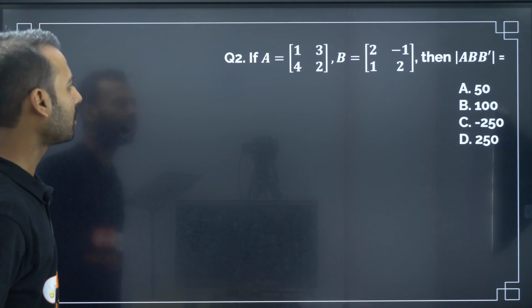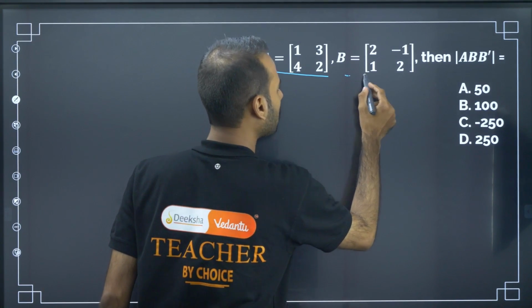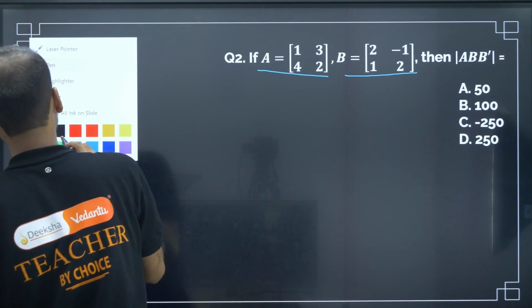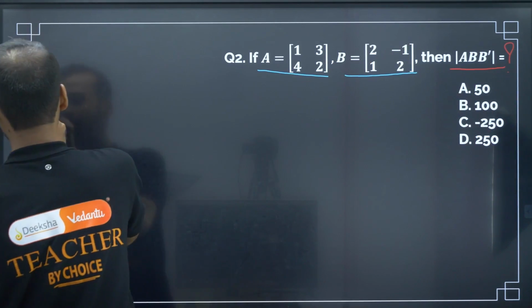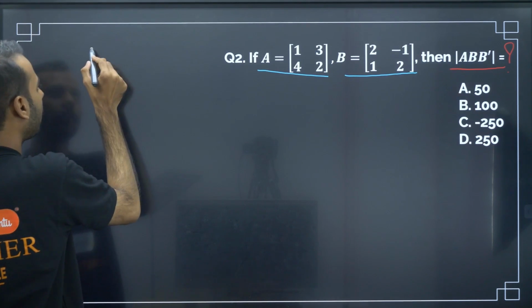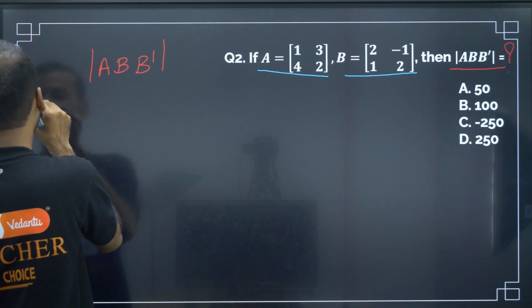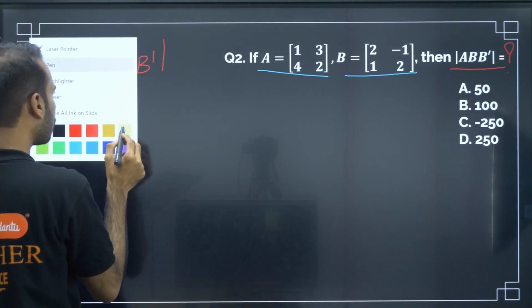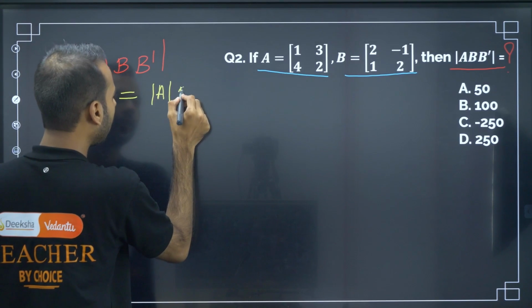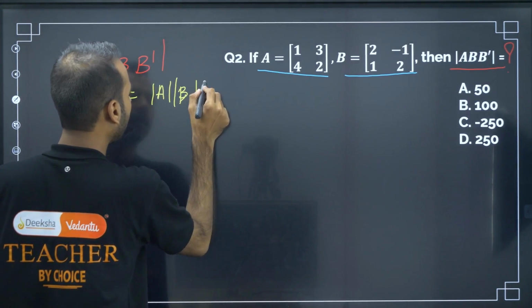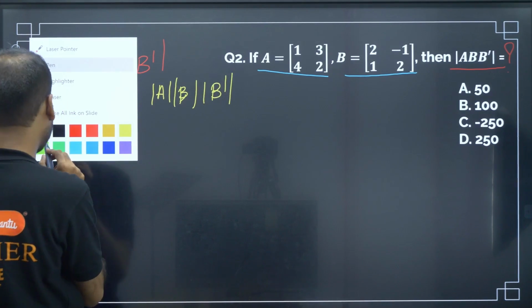If A is equal to this and B is equal to this, then what are they asking? Let me write it here: determinant of A B B dash is equal to determinant of A, determinant of B, and determinant of B dash, using properties of determinants.